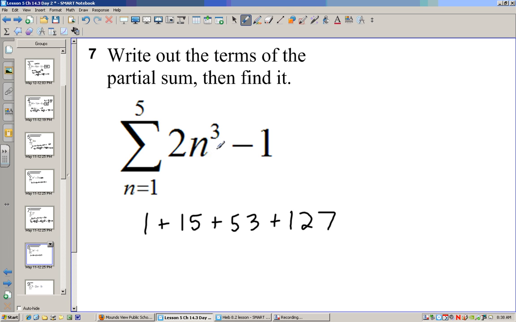Plug in a 5. 5 cubed is 125. Multiply by 2, you get 250. Subtract 1, and you get 249. So now, this isn't arithmetic. We're not multiplying by 15 each time, so it's not geometric. So all I can do is add up these digits.